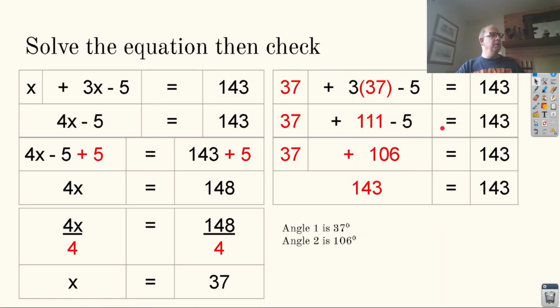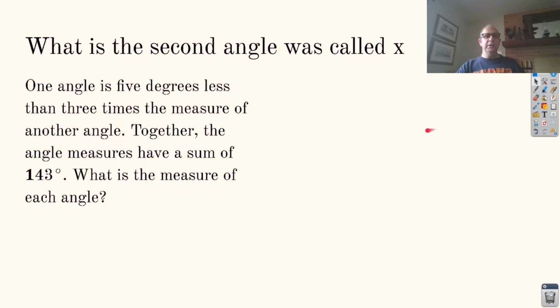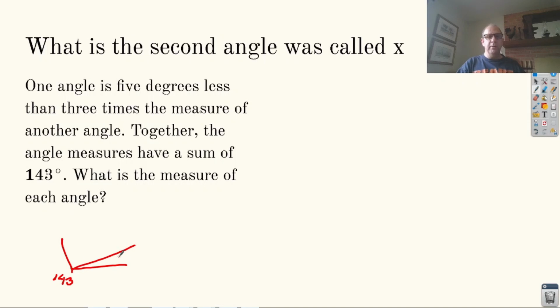Try another one. What is the second angle? What if the second angle was called x, right? So I'm going to do this one backwards. Instead of saying I have two angles that are 143, and this angle is x, I'm going to say this angle is x. Well, 5 degrees less than 3 times a measure of another angle.